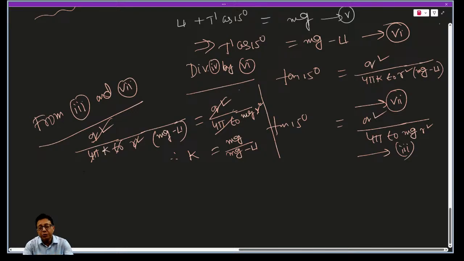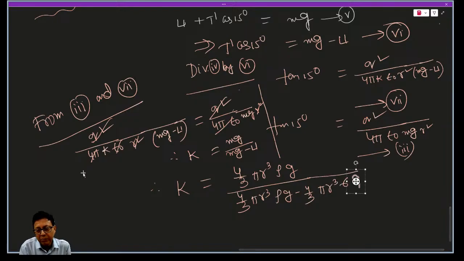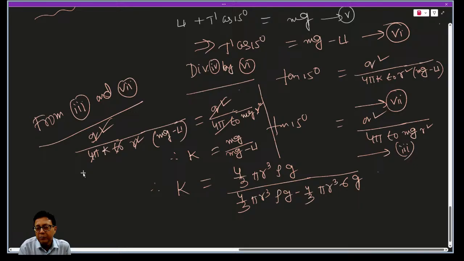Now what we'll do, we'll put the value of mg and u over there. So k will be what? Rho g, so 4 pi r cube g gets cancelled.